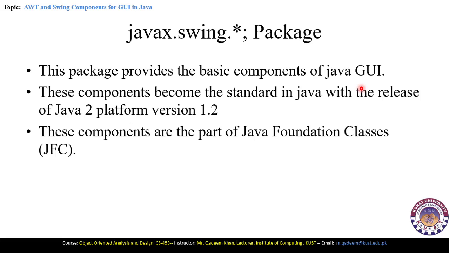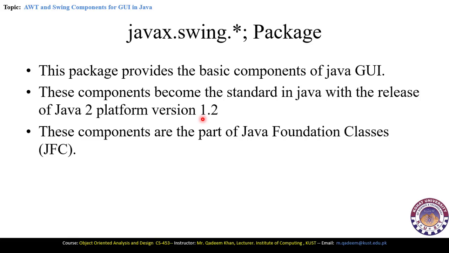Java contains a very important package called the javax.swing.* package. This is the Swing package, which contains most of the controls, and these controls are used as building blocks to create the graphical user interface. These components became standard in Java with these controls, which were released in Java 2 platform version 1.2.